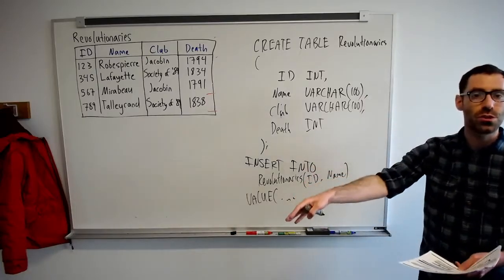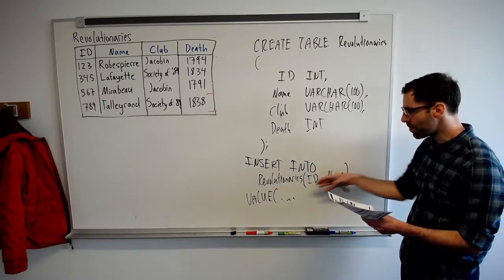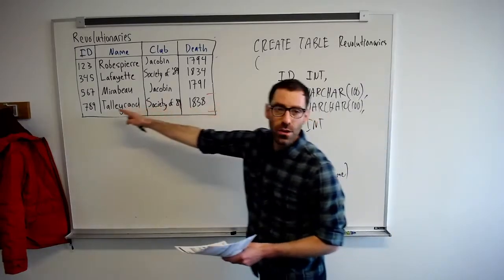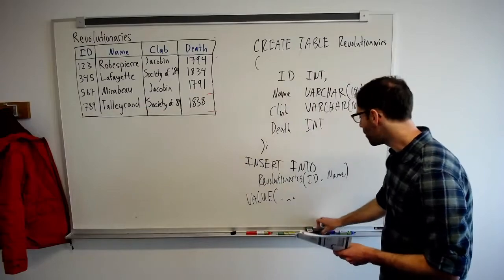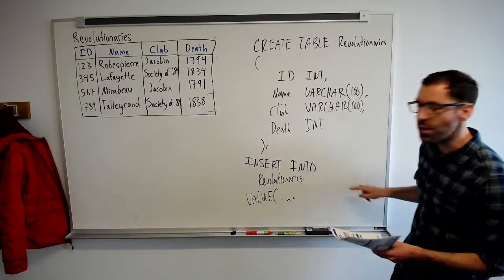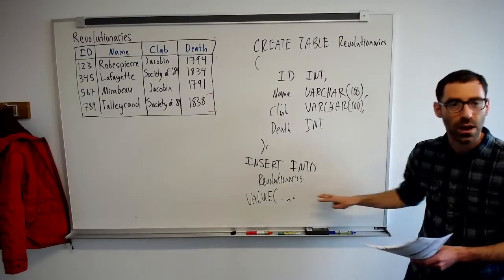If we just want to insert a tuple that has all the values for all the attributes here, we can just leave off the list of attributes. Sort of the default is I'm going to provide all of them.